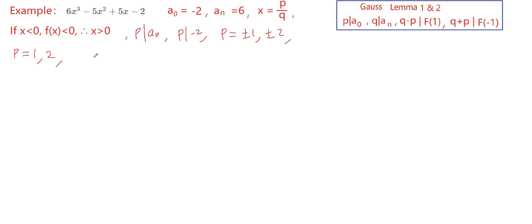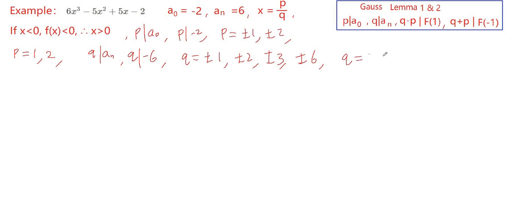For q dividing an, which is 6, q is 1, 2, 3, 6. Same thing, we don't need to think about the negative.